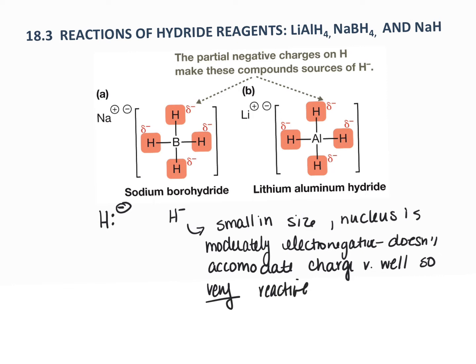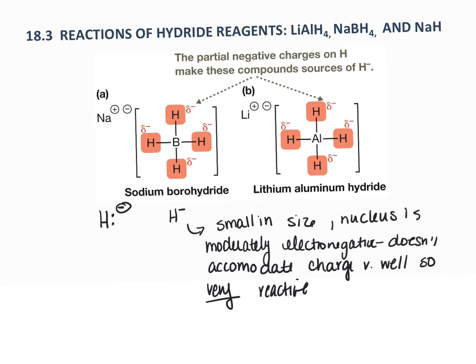Okay. Now, if this looks familiar to you, we saw lithium aluminum hydride and sodium borohydride in chapter 7. And I just want to remind you, in both of these cases, the hydrogen there is covalently bonded to a less electronegative atom, either the boron or the aluminum. So hydrogen here has a partial negative charge.